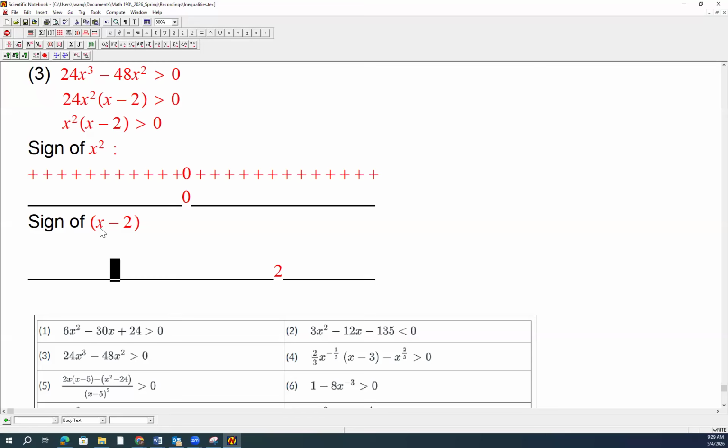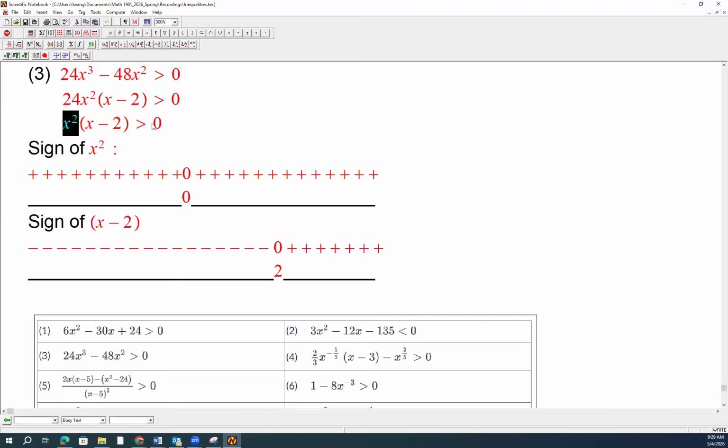Say you pick 1. 1 minus 2 is negative, right? So you're going to get a bunch of negative. You plug in 2 in x minus 2, you get 0. And then for larger than 2, we get a bunch of positive.